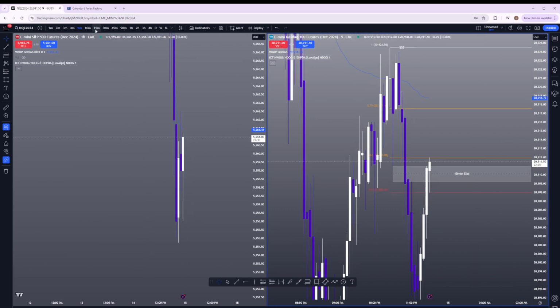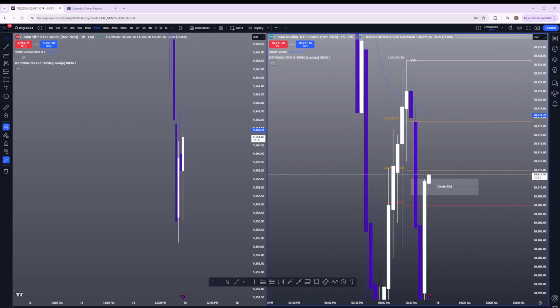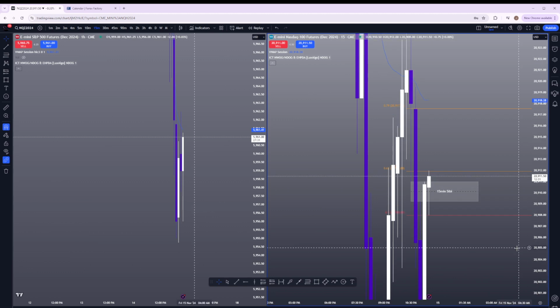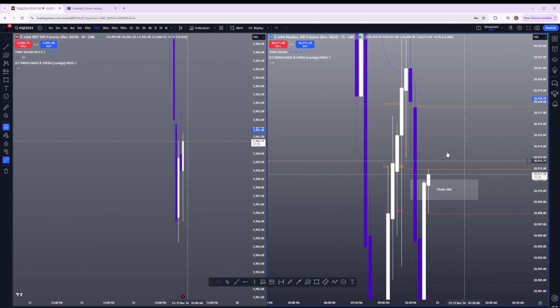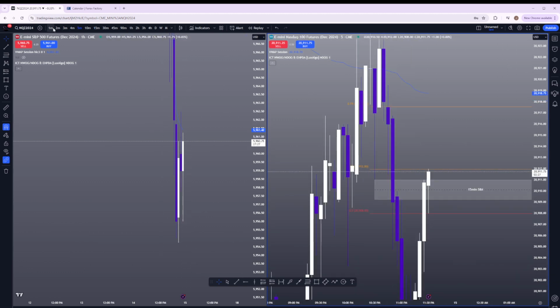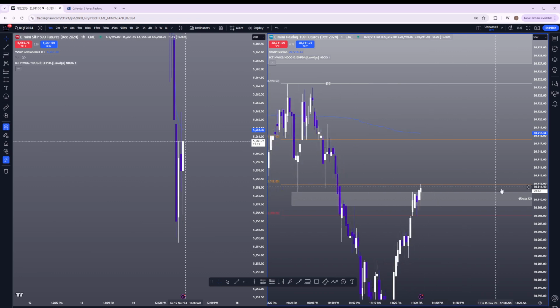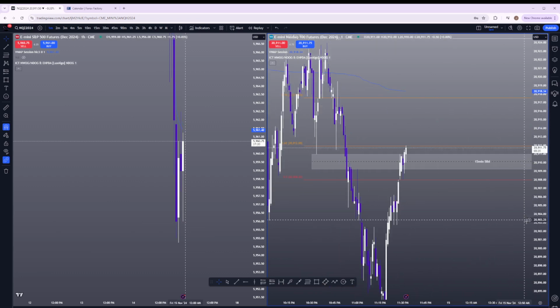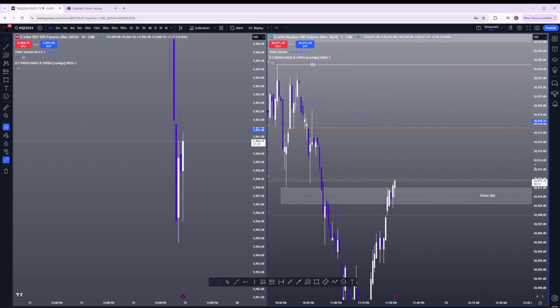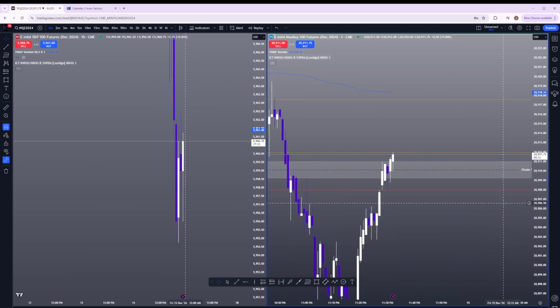But I will say, if you're looking for that long and you want to take a trade, just wait for inversion on the 15 or the 5-minute, and then look for a 1-minute fair value gap entry that you might be able to take up to these equal highs. Something like that, right? That's what I would be looking for. We have VWAP here. I just don't really want to trade this right now, to be honest with you guys. Unless I see literally my perfect setup, I just sit on the sideline here and wait for the morning.